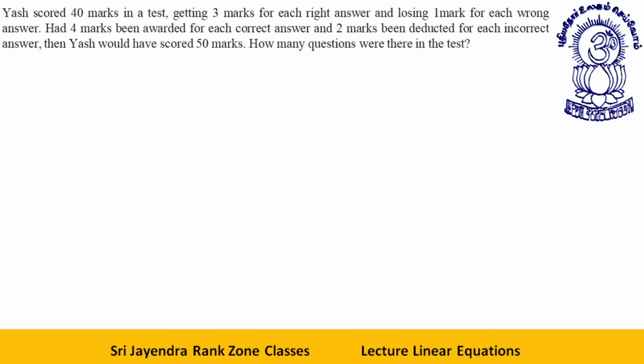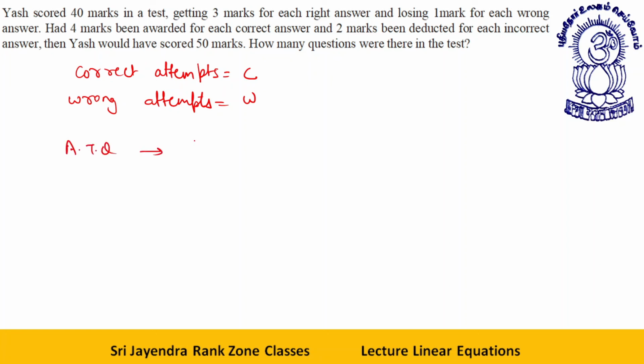See, dear students, let's say he did some questions correct and some questions wrong. Let's say correct attempts is equal to C. Wrong attempts is equal to W. Okay, now according to the question, he got 40 marks in a test, getting 3 marks for each right answer and losing 1 mark for each wrong answer.